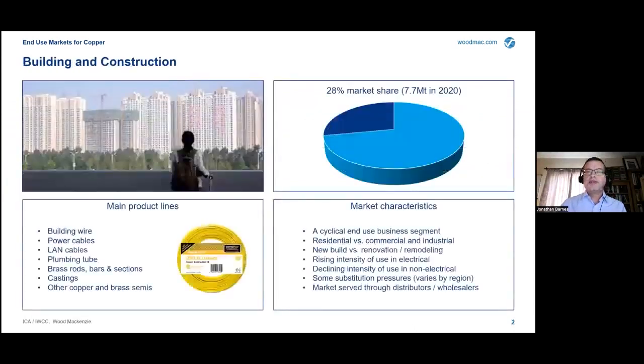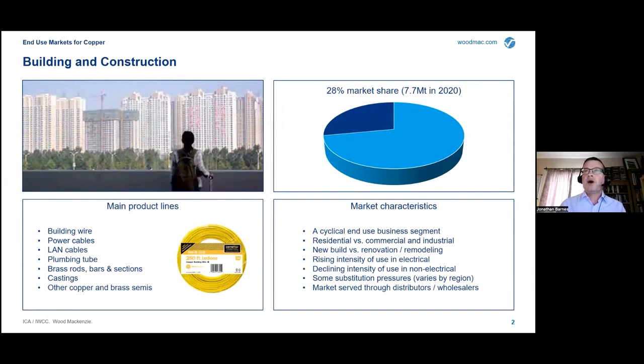Now all the slides you'll see will be more or less in this same generic design. So top left you have a picture of the major application areas within these end-use markets. Then bottom left, the main product lines that are being absorbed in these applications.